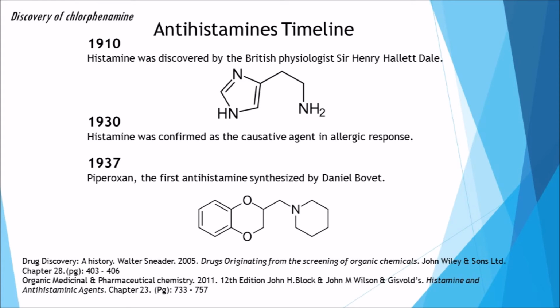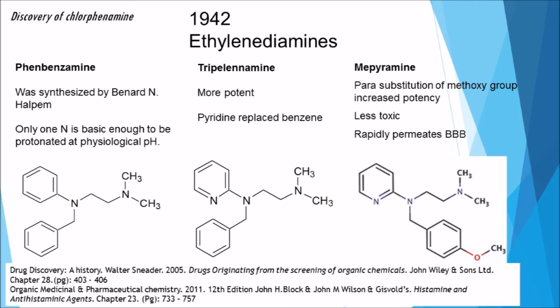The history of the discovery of chlorphenamine and first-generation antihistamines begins with the discovery of histamine in 1910. In 1937, Bovet synthesized piperoxan from acetylcholine, but it was not effective in diminishing histamine's action. Fenbenzamine belongs in the ethylene diamines group. It was the first drug suitable for clinical use.